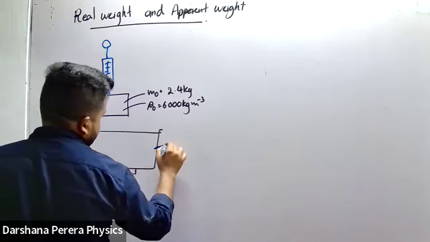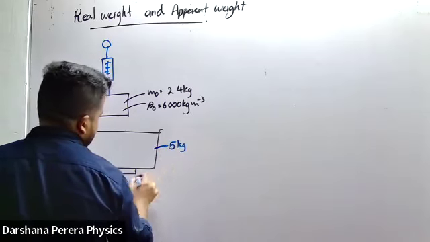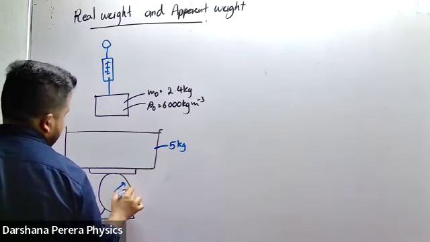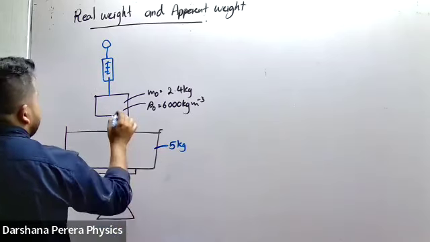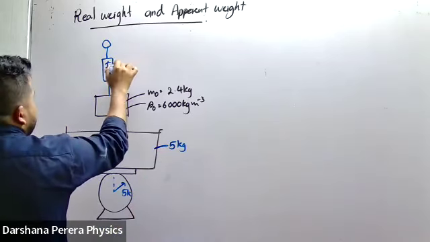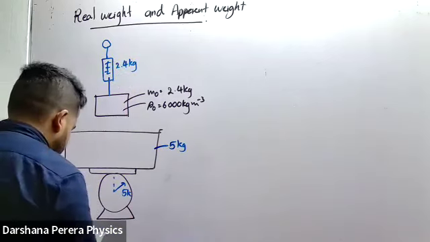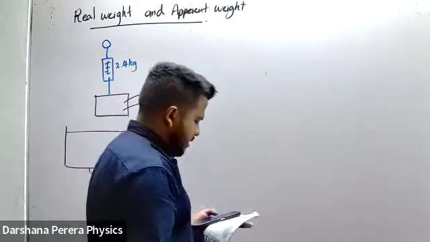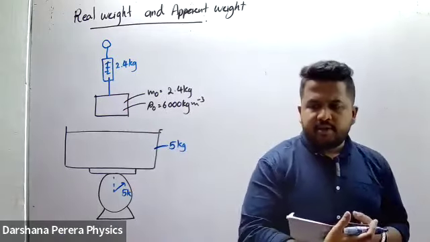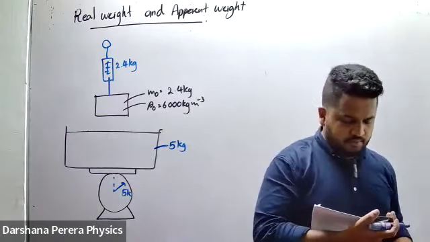This is 5 kilogram. So now this compression balance is taking 5 kilogram, and this is taking 2.4 kilogram. Find out the readings of the spring balance and the compression scale after submerging.